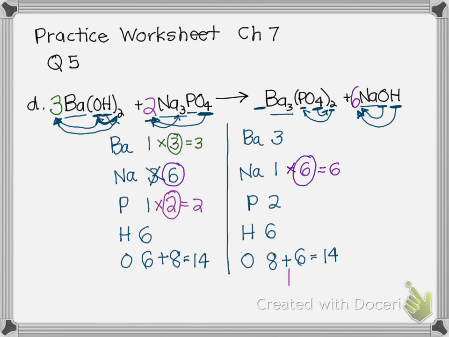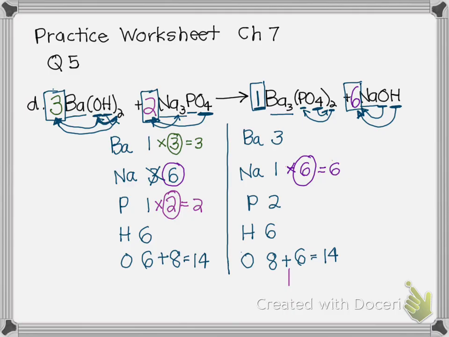So my coefficients that I added: I put a 3 in front of the barium hydroxide, a 2 in front of the sodium phosphate. There's no number here, which would be a 1, and then this is a 6. So I don't have to write the 1, but that's what that number would be. Now, I do want to show you one other thing.